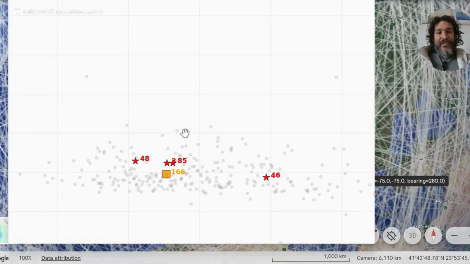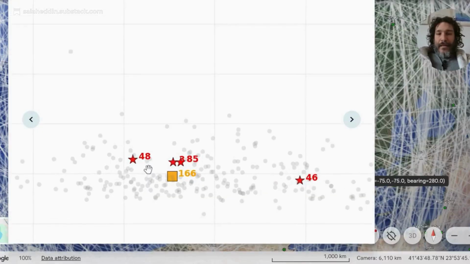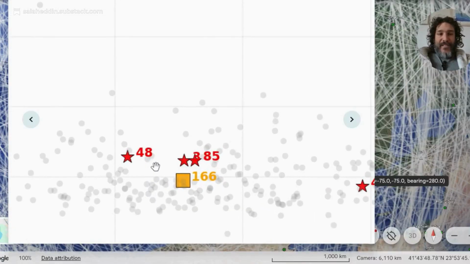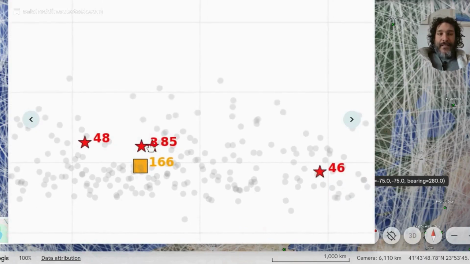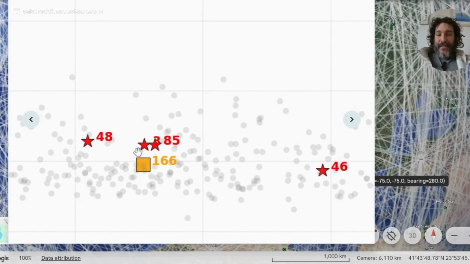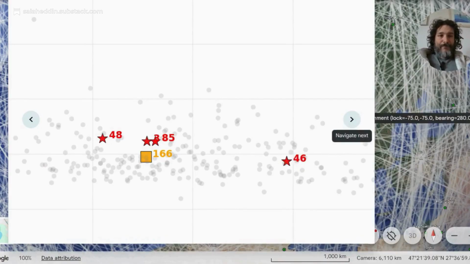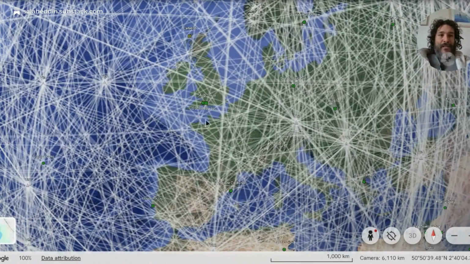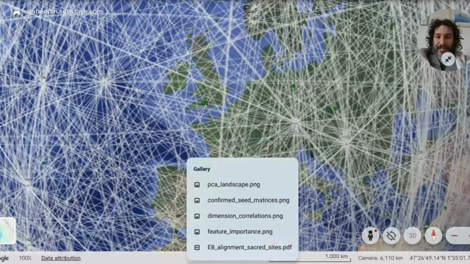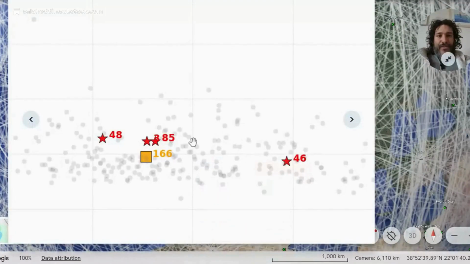Similar projections sit near each other. So now we look at the red stars, pointing at seeds 3, 48 and 85, clustering here on the left, and seed 46 sitting over on the right. So we noticed 3 of our confirmed projections cluster here on the left.